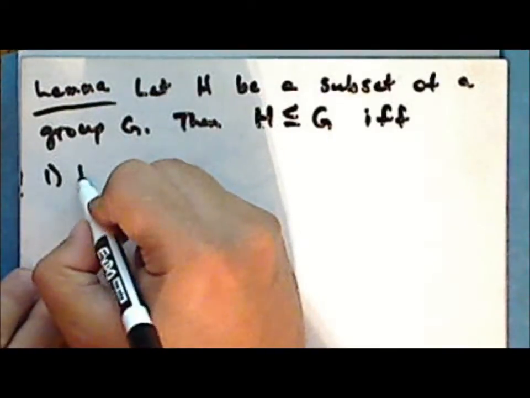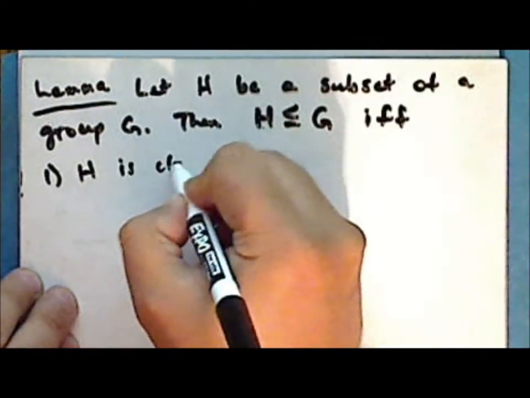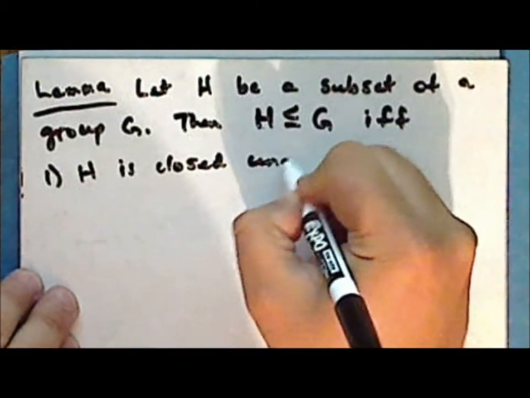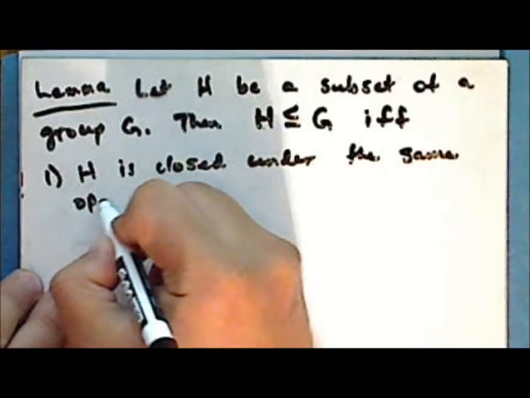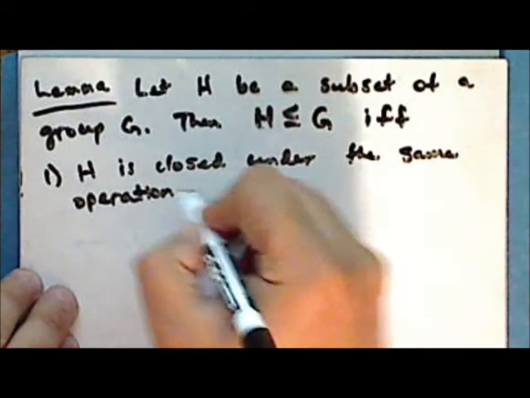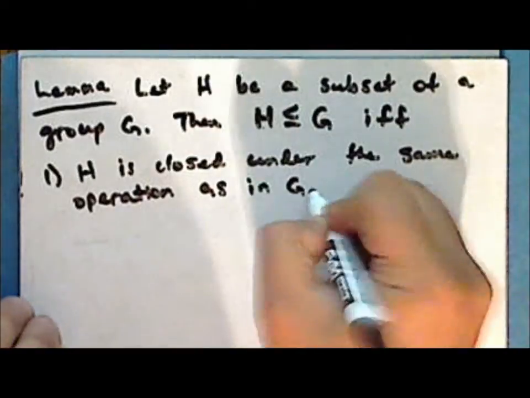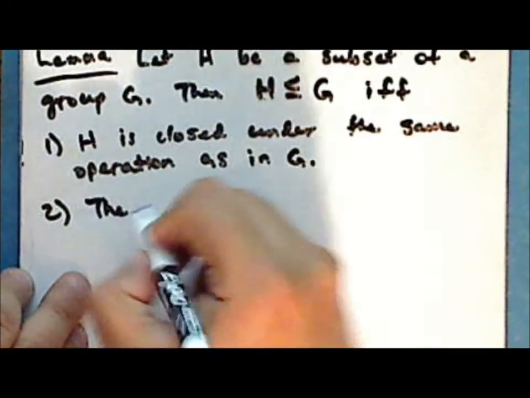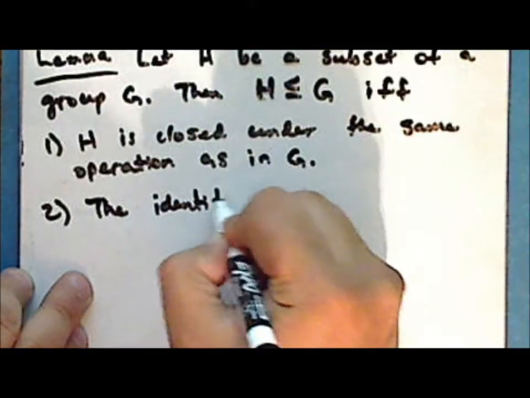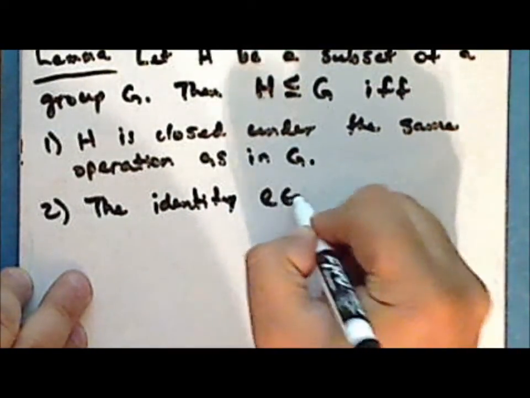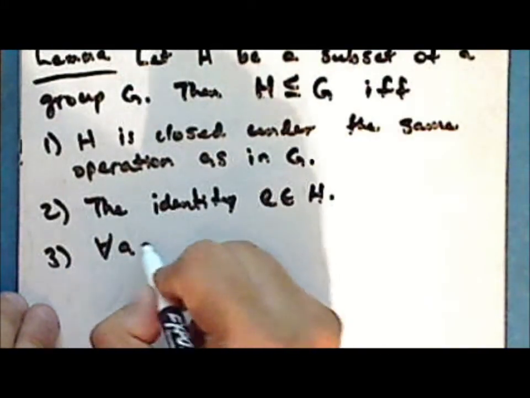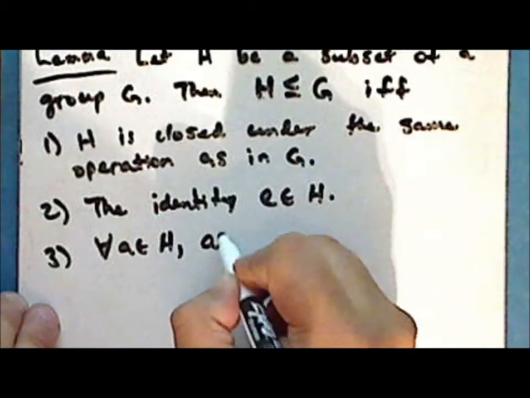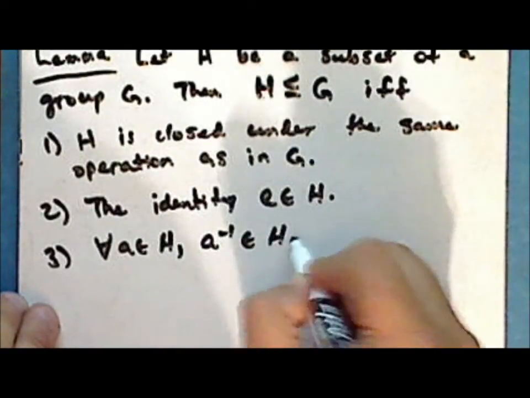The first condition is that H is closed under the same operation as in G. The second condition is that the identity element is in the set H. And the third condition is that for every element in the set H, the inverse of that element is also in the set H.